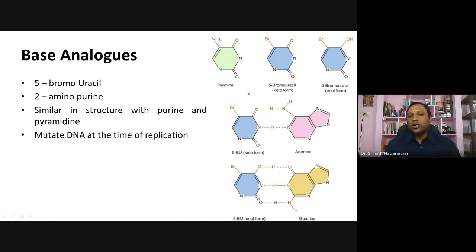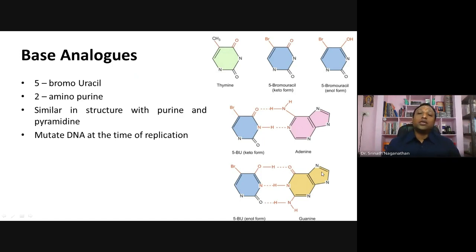During replication, this 5-bromouracil can pair with adenine. But we know that in this pairing they can also form a third bond, that is, they can pair with guanine also.